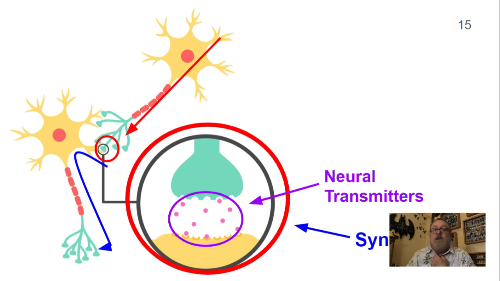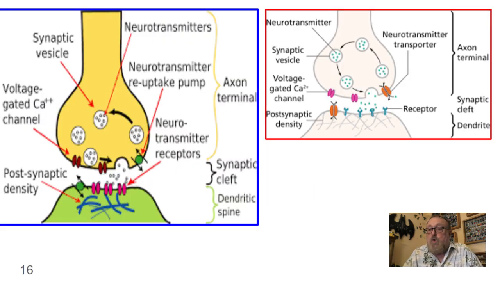Slide 16. A synapse is a specialized connection between neurons that allows them to communicate with each other, and the synaptic cleft is the microscopic gap between the neurons where this communication takes place. The structure of the synaptic gap is between the axon terminal of one neuron and the dendrite of the next neuron.